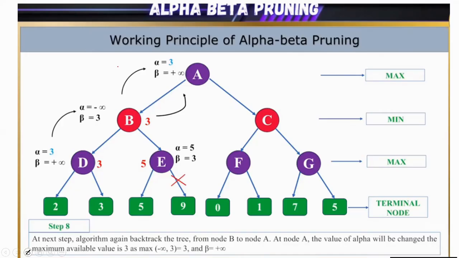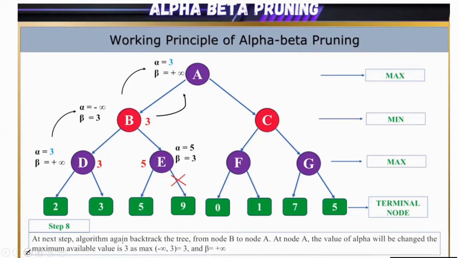No, it won't be passed there. Actually, I want to update alpha value here. I know alpha is minus infinity, right? So minus infinity, I can compare only with the value 3, right? So that's why alpha is 3. It's not like I'm just passing the value. Combining the minus infinity and 3, 3 is the highest, so 3 I return. So alpha value is 3, beta will be plus infinity. Okay, that's what is written here.